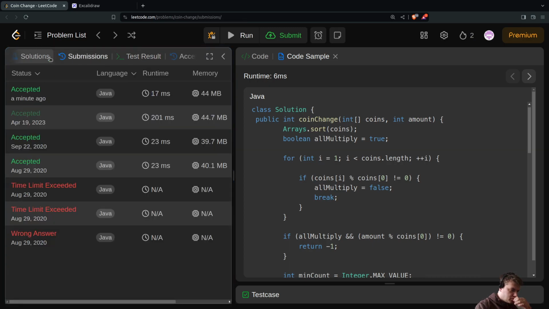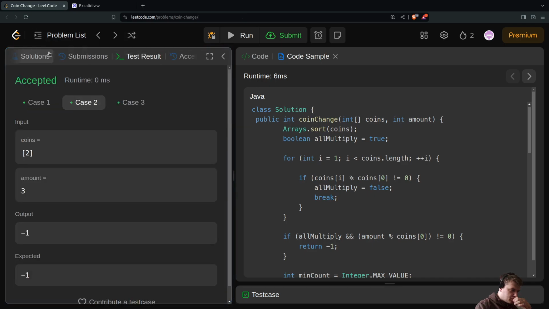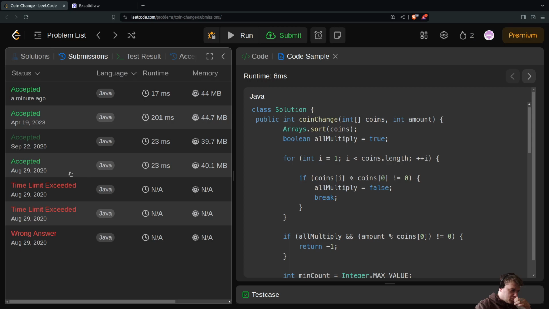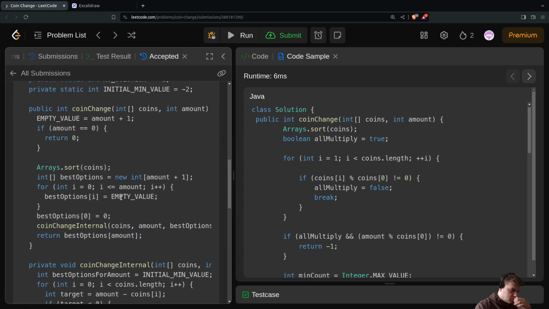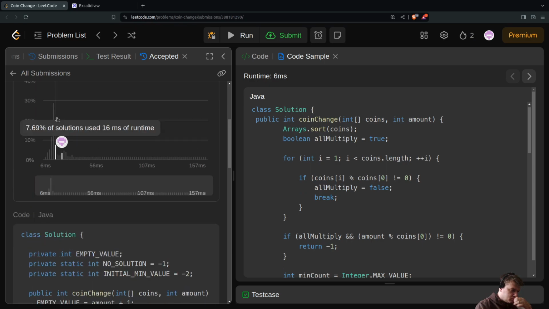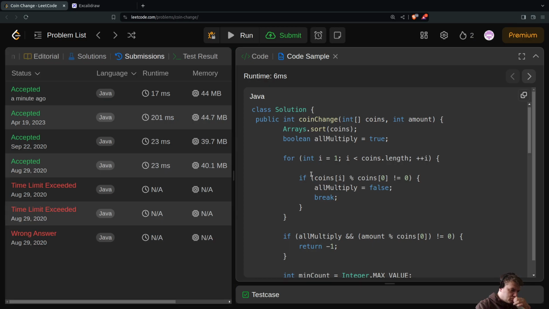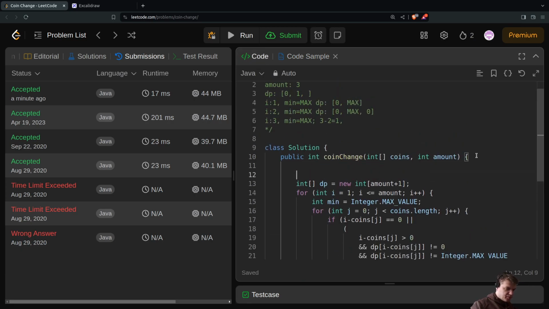Here, not that good. A little bit better. So I really like this idea, all multiply. I probably can improve it here.